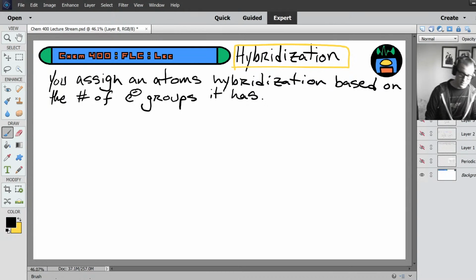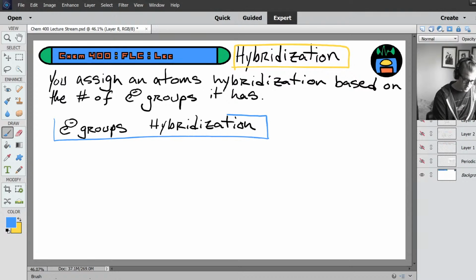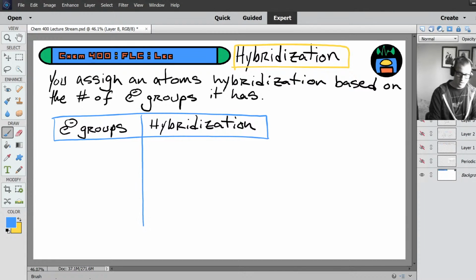All right, based on the number of electron groups it has. So here's how. So we've got our electron groups and our hybridization.